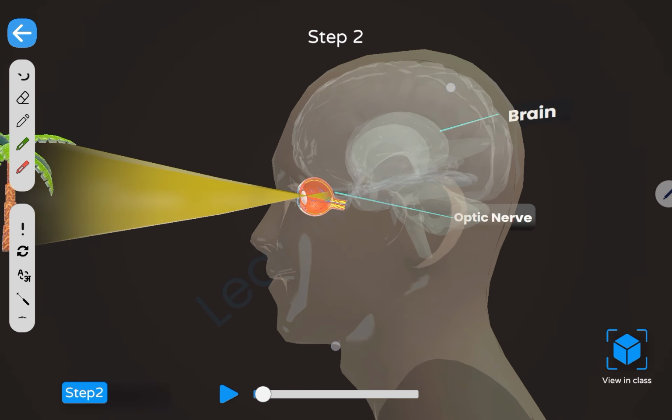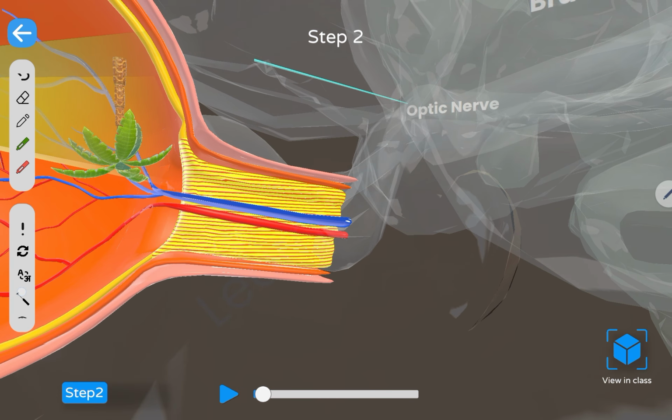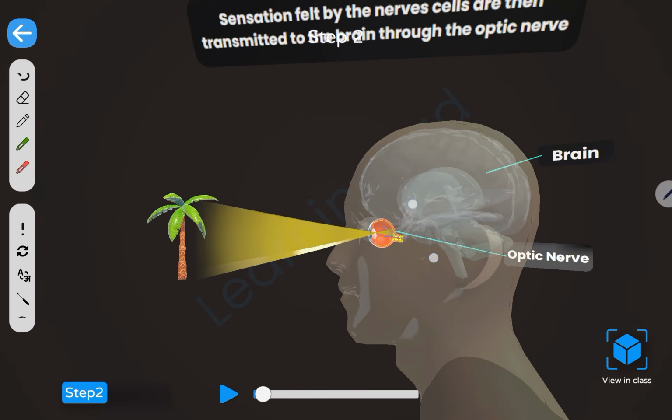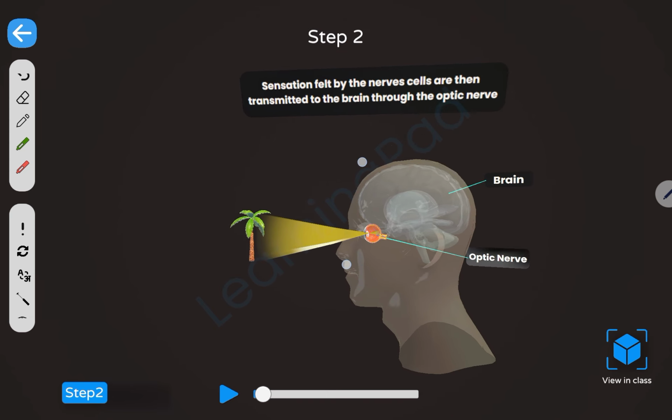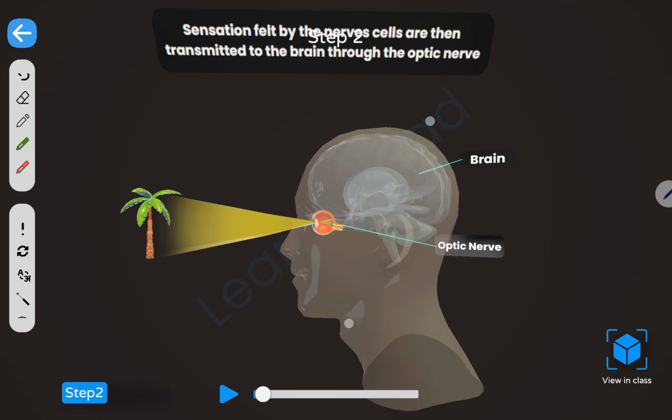The optic nerve is this one, the yellow colored part with red stripes. Whatever sensations are felt by the nerve cells are transmitted to the brain through this optic nerve. Let us see how this happens.